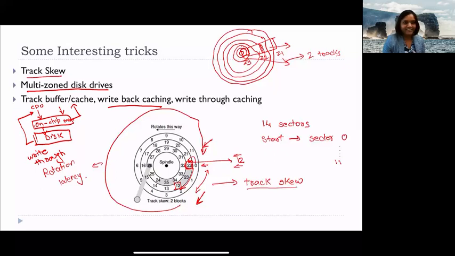Why? Because as we just learned, it includes the time to seek, time to rotate, time to transfer, all that. So we don't have to worry about all these, but rather as soon as the data is on-chip memory, then we could return the process. So write-back caching is definitely performance efficient.